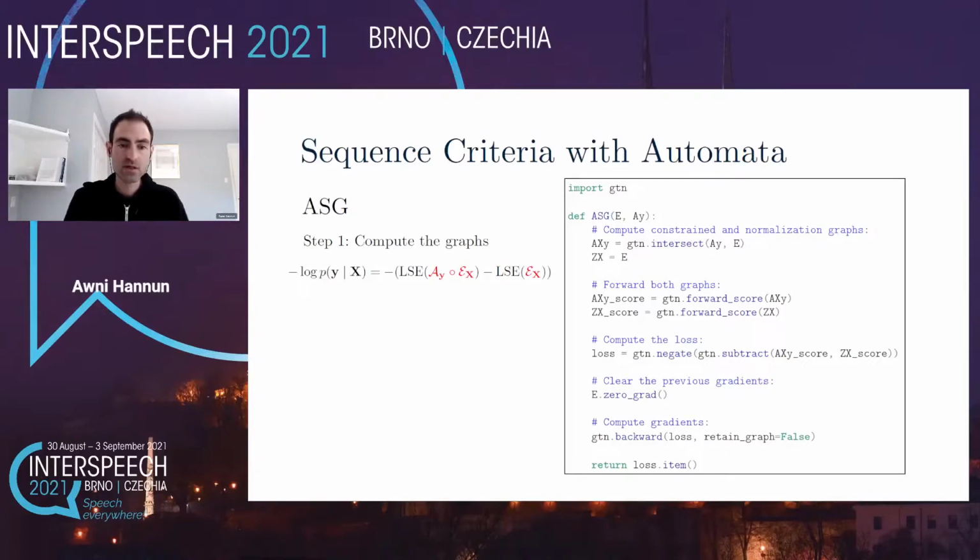So the simplest version of ASG takes as 2 inputs the emissions graph and the target constrained graph A sub y. The first step, as we just said, is to compute the intersection of those 2. For that, we get the input and output constrained graph A sub xy. And then the emissions graph will be used directly to compute the normalization term.